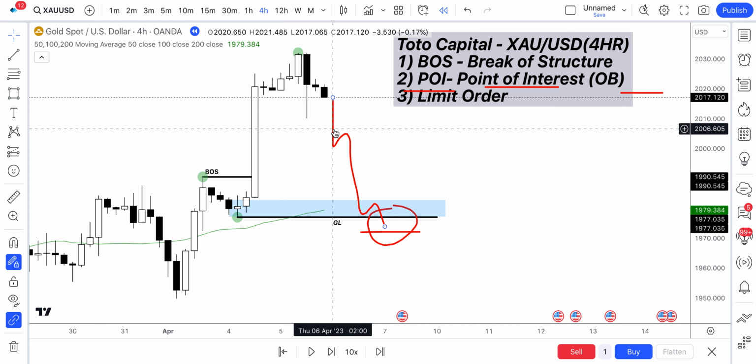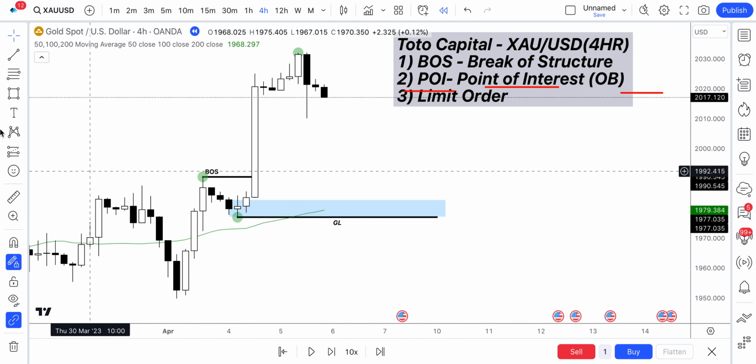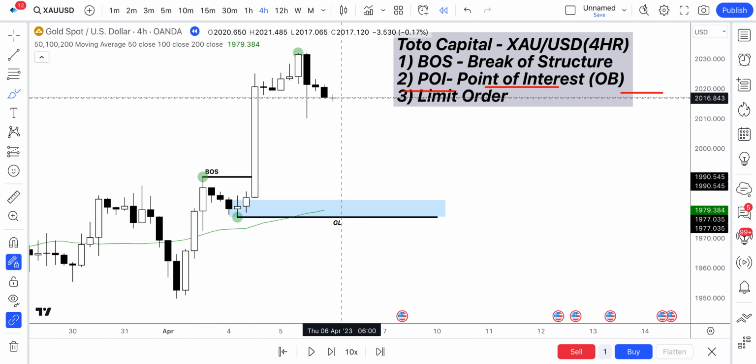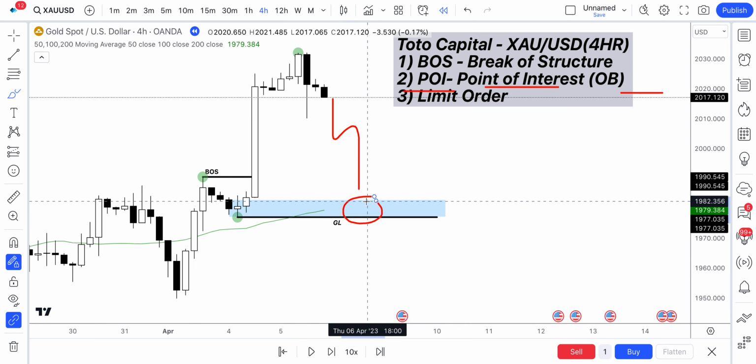Okay, so that is our POI. That's that blue area here. So if and only if gold comes back into this area, which is around 1982 to around 1976, within that area, we can be looking for a long trade.